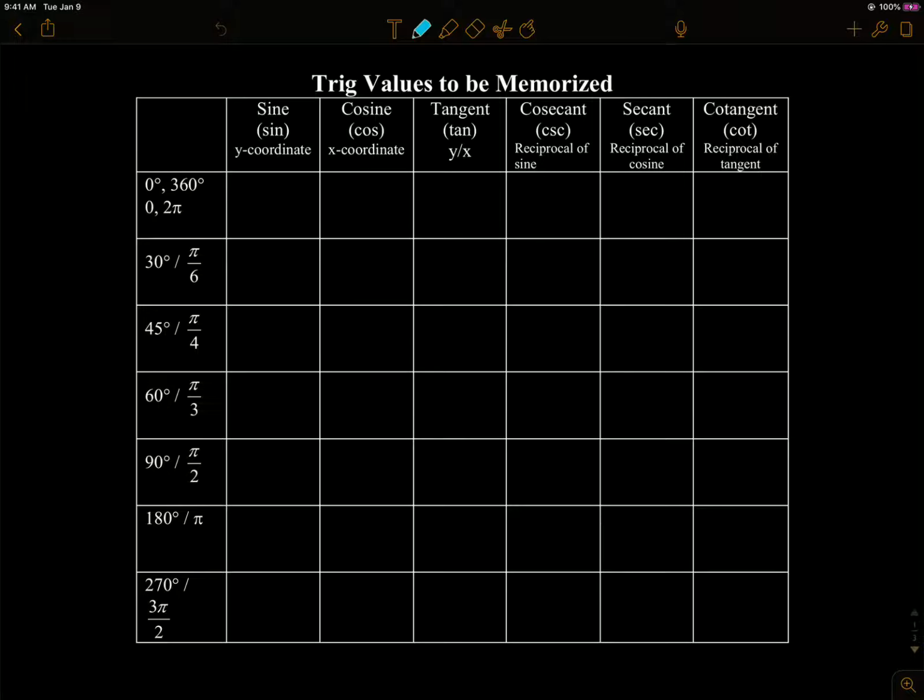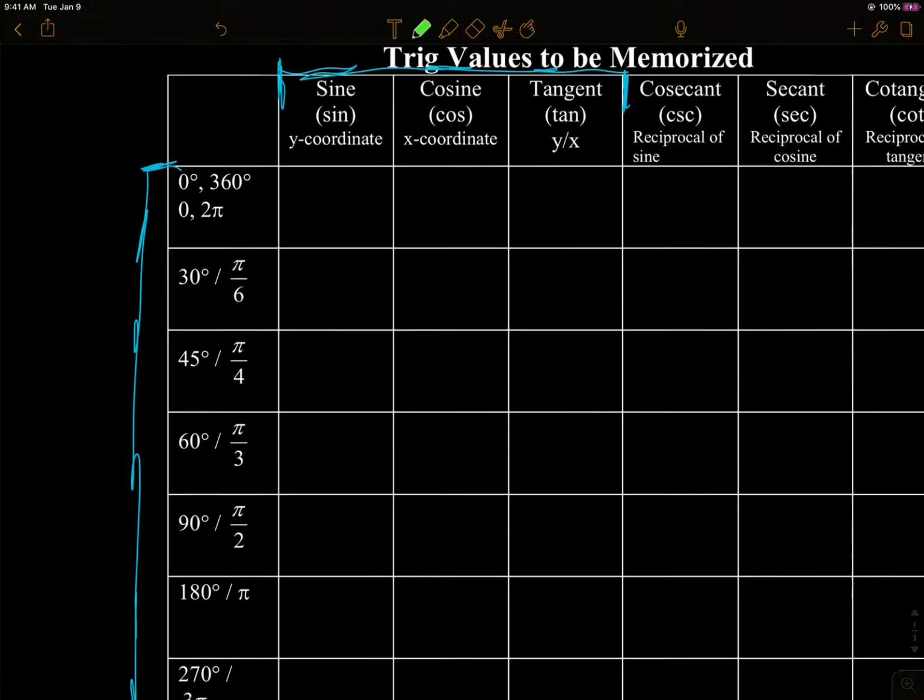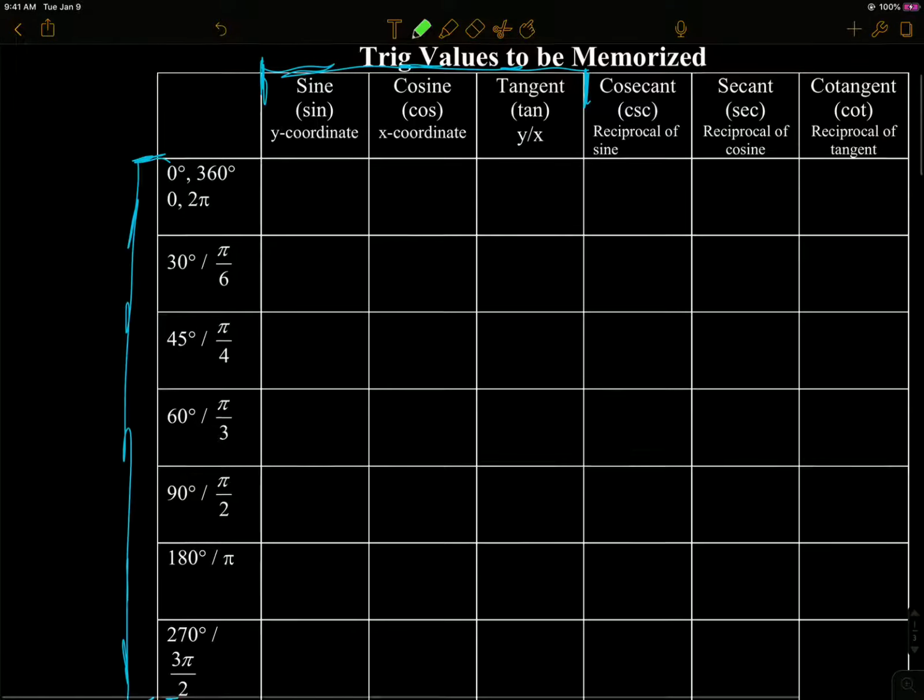So we're going to build this trig value chart, and what I recommend is to know these three columns for these reference angles. Those are really the ones that we'll want to know. All right, so we're going to go through that, and I'm not going to re-explain where each one comes from. You have your unit circle. We've already done that. We're just going to write down the values.